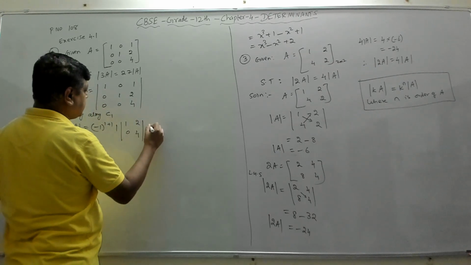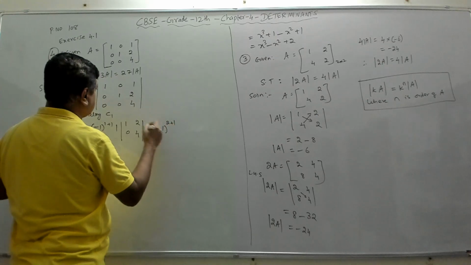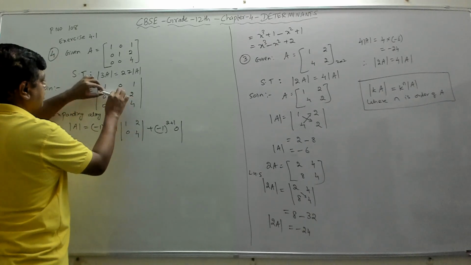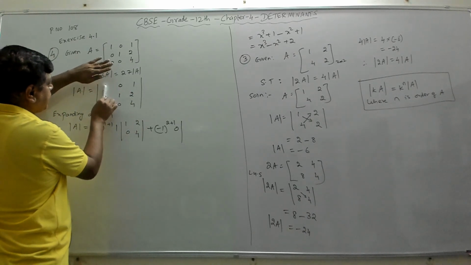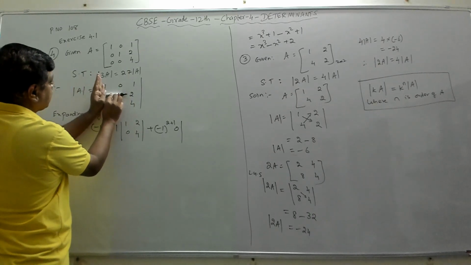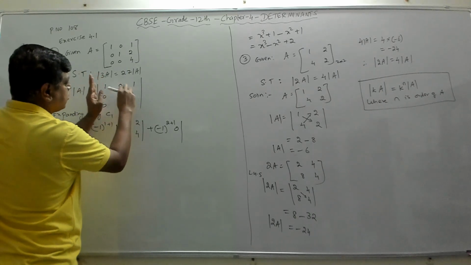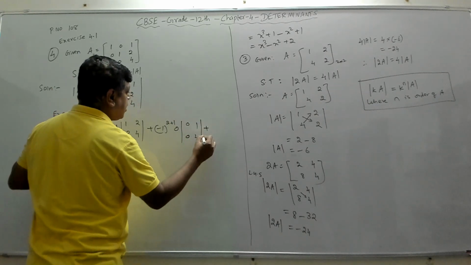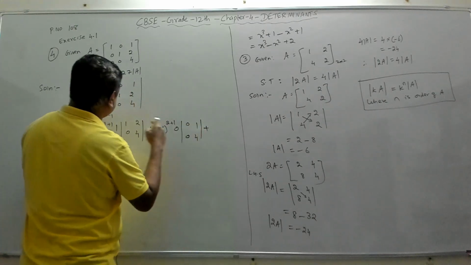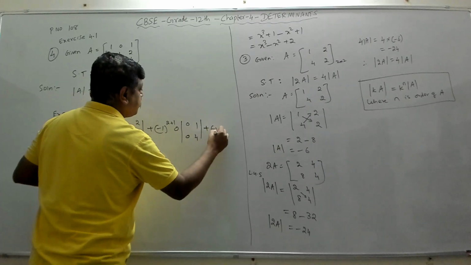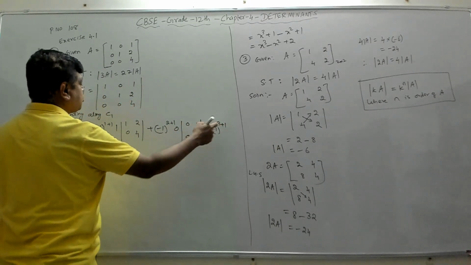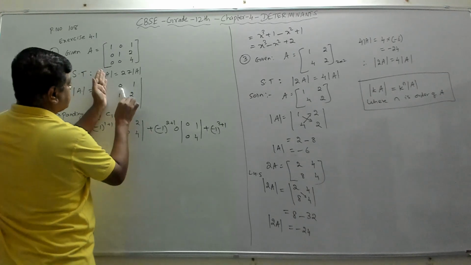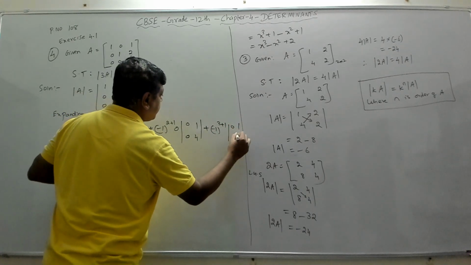So this will become plus minus 1 power 2 plus 1 into 0, then determinant of 0, 1, 0, 4, after closing this row and column. Plus, the last one is position A31, so plus minus 1 power 3 plus 1, then closing this row and column, you will get determinant of 0, 1, 1, 2.